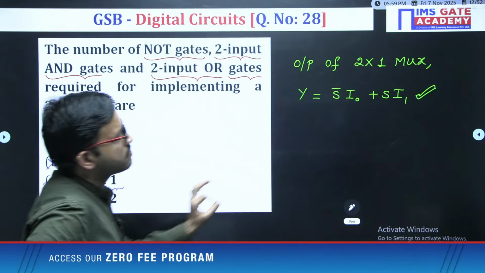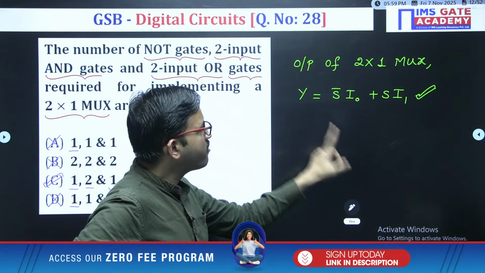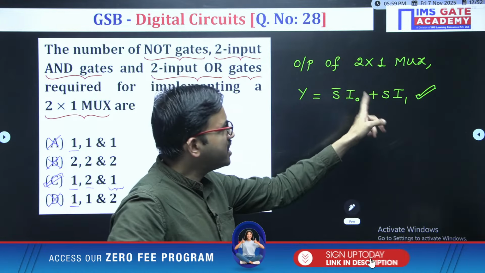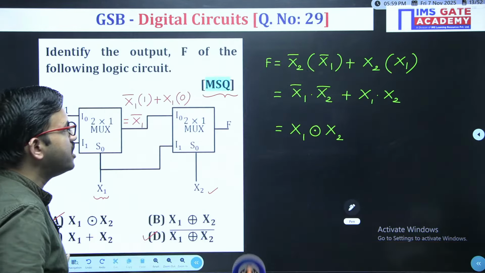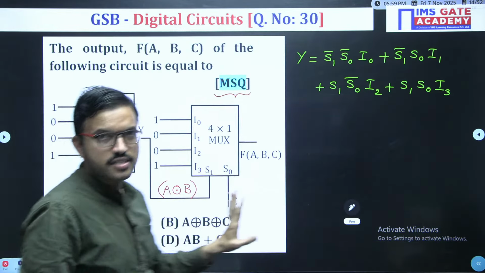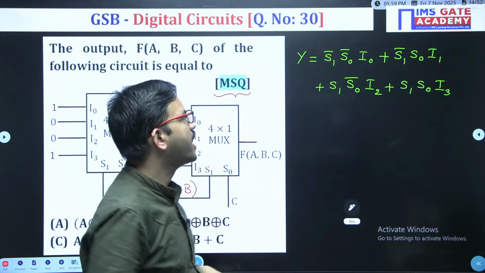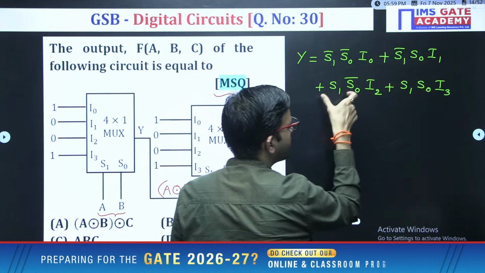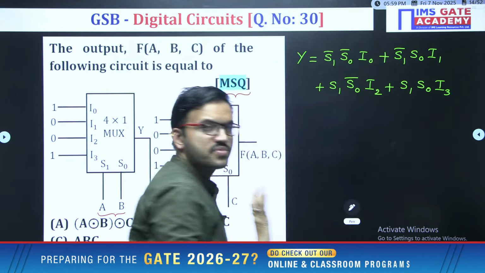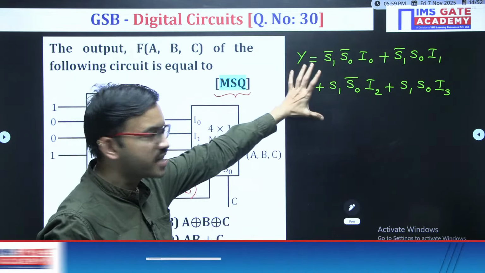When you have a single selection line, when its value is 0, I0 is connected, and when it is 1, I1 is connected. Similarly, with two selection lines, based on the combination of the selection lines, the respective input is connected: 00 case I0, 01 case I1, 10 case I2, 11 case I3.